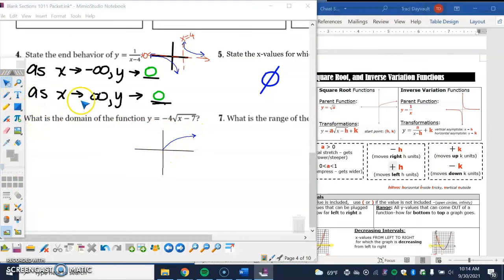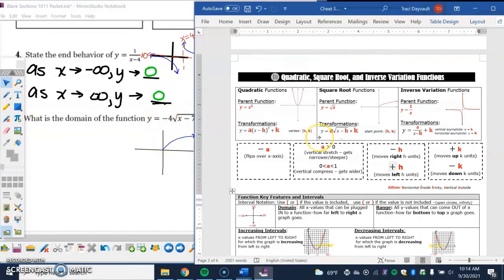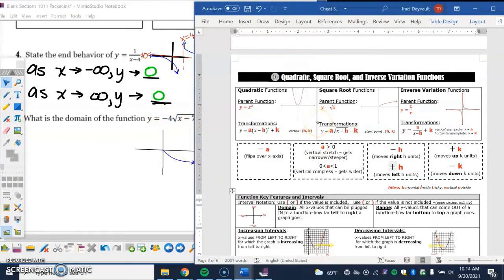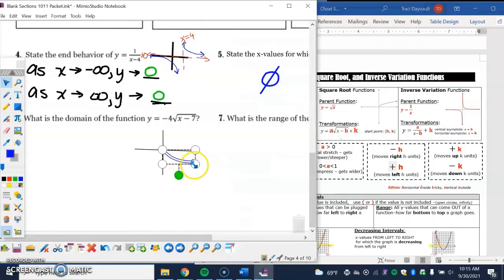So if I have my square root parent function here, what would this negative do? The negative is going to flip it over the x-axis, okay? The 4, if you're multiplying a 4 on the outside, that's going to do a vertical stretch. So that would be like taking it and stretching it this way.